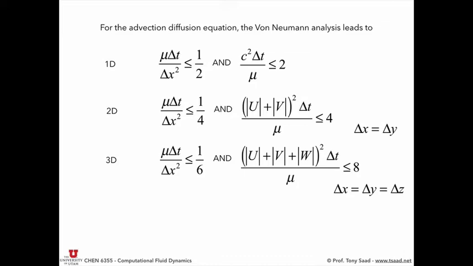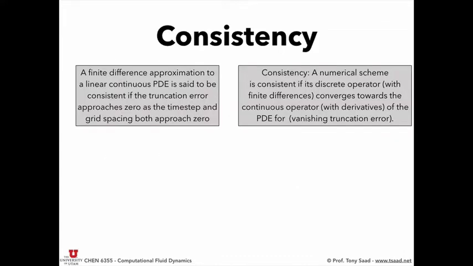Okay. Now the second property of finite difference schemes is called consistency. This may be a little bit esoteric and somewhat obvious to you, but a consistent finite difference scheme means that the truncation error of the finite difference scheme does actually go to 0 as you take delta t and delta x together to 0.